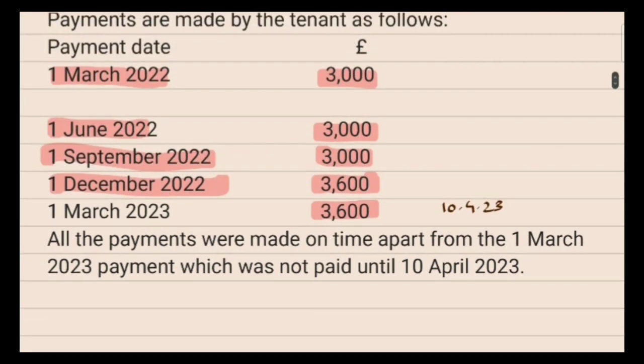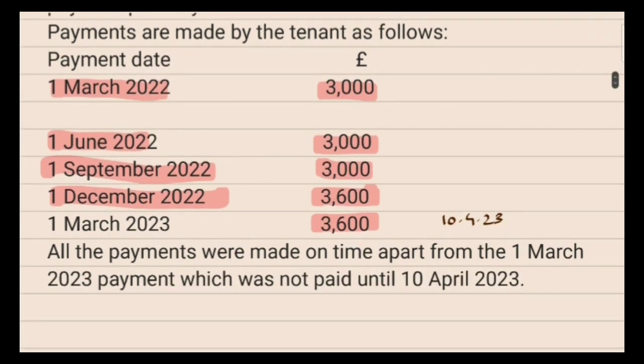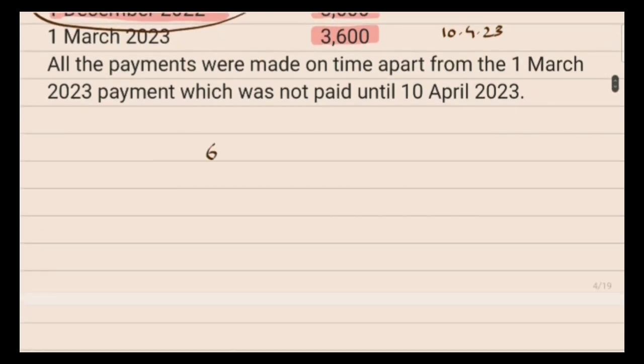So we have to consider the rental income because it is only about the rental income. If we are following the cash receipt basis, then we have to consider rental income for these 3 quarterly payments. Why so? The 1st March 22 payment will not be included because our tax year starts from 6th April 22 and ends on 5th April 23.